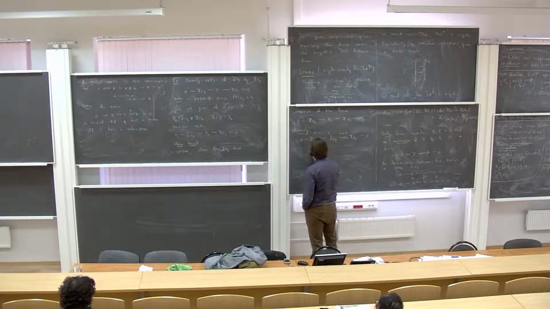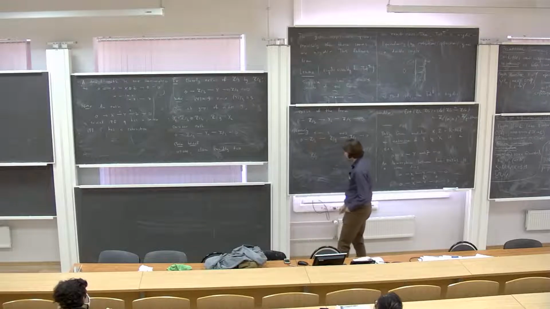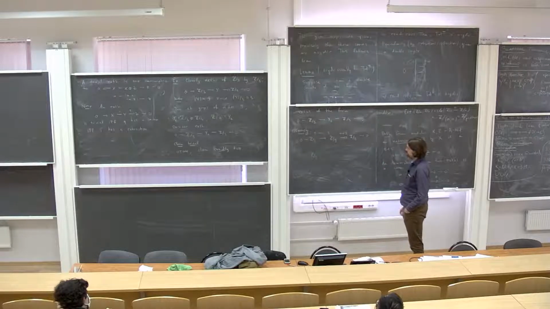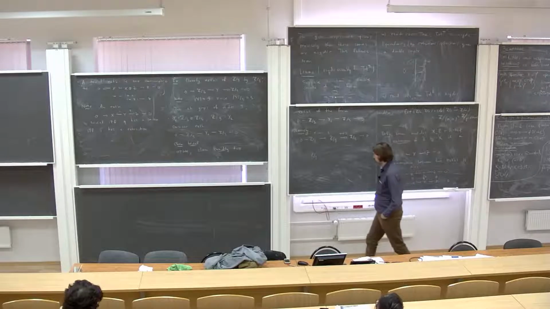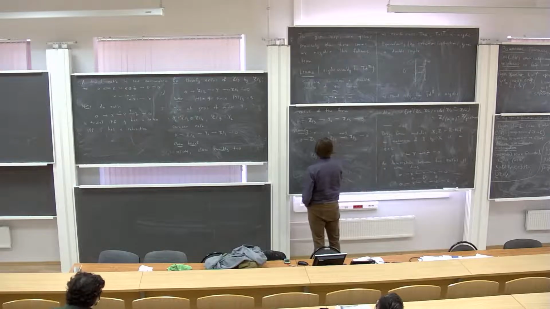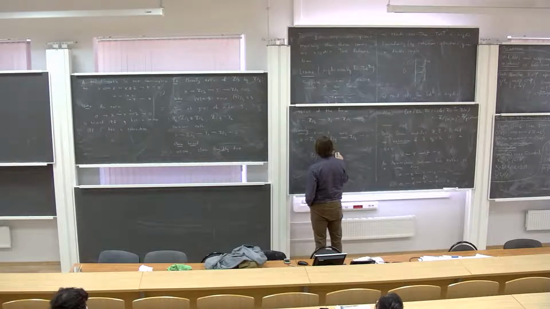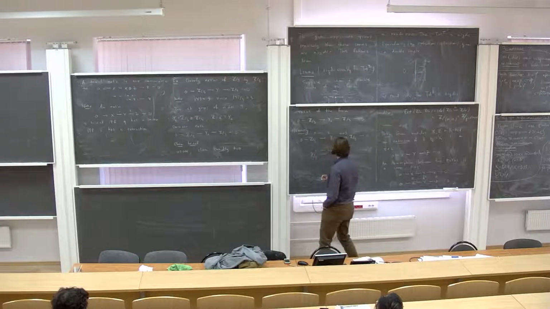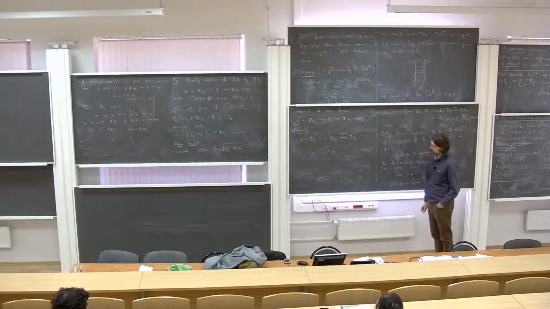On the other hand, I could also send the generator to something else in the kernel. Let's say I sent it to, I could have let it go to, say, 6. That's also in the kernel.